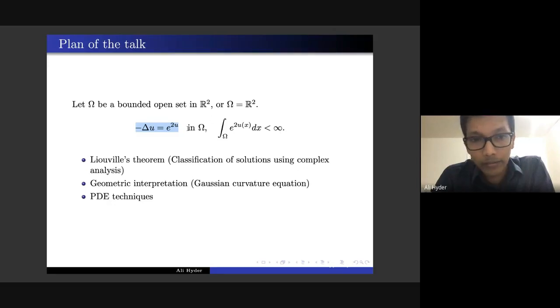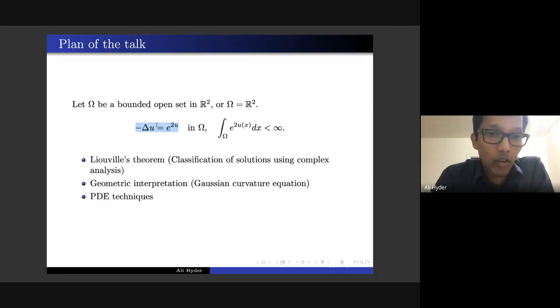So first I will mention the Liouville's theorem, which gives a representation of the solution u using complex analysis. Then I will talk about the geometric interpretation of this PDE in terms of the Gaussian curvature equation, and next would be the analysis from the PDE point of view.